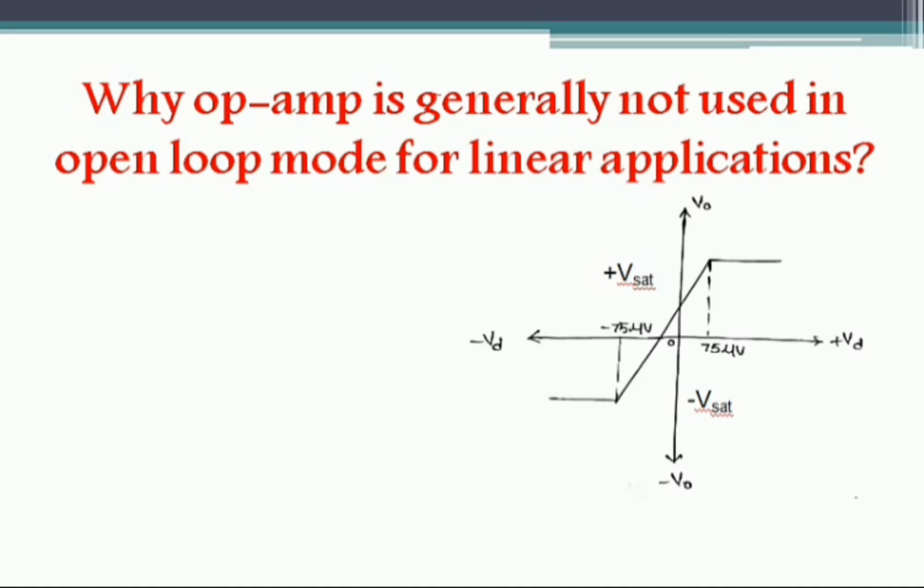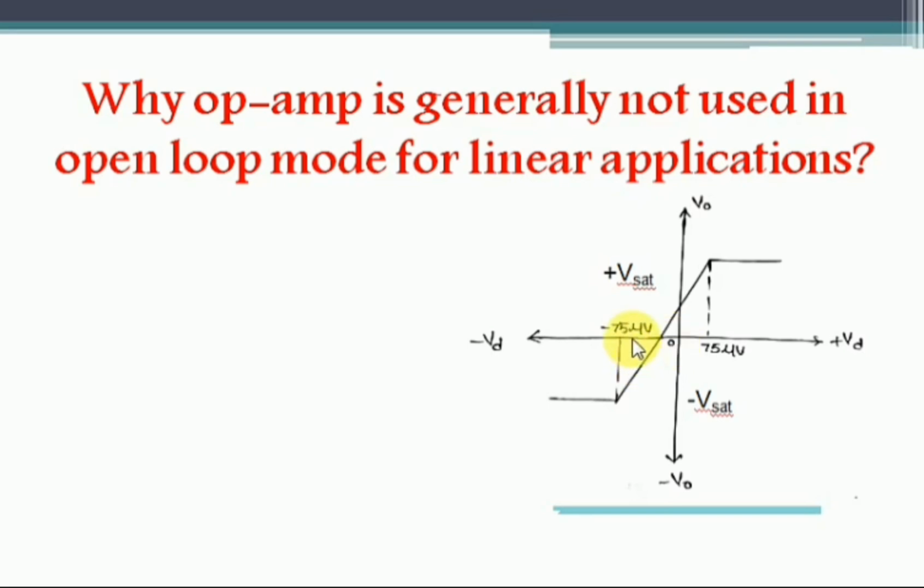If you observe the voltage transfer characteristic of op amp, if you consider IC741, the transfer characteristic will look like this. If you clearly observe, only with a minimum change in input voltage is the op amp working in linear mode. Minimum means in the order of microvolts.